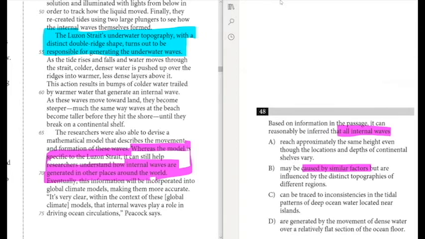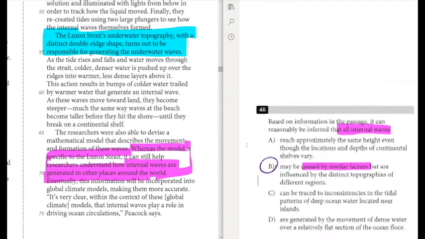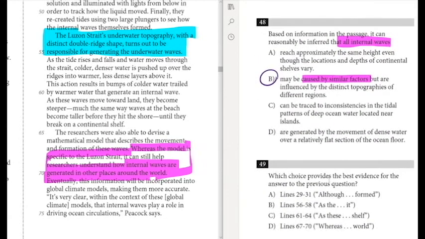They all will have their own distinctive topographies. So the models can be used to reflect to situations all around the world, which means they're all caused by similar factors, but the specific shapes of the underwater areas are things that cause the differences between them. And so the answer choice for 48 that works is going to be B.